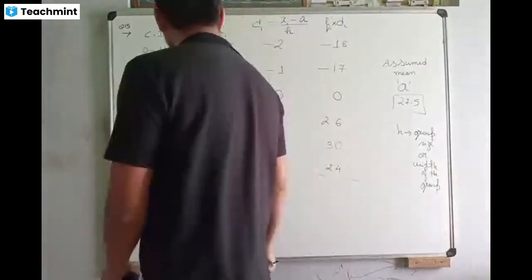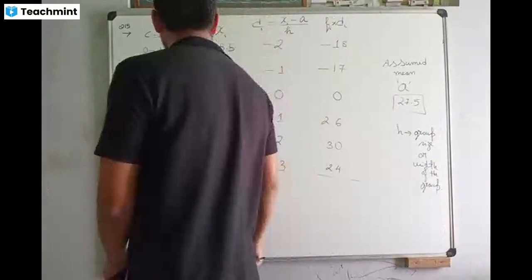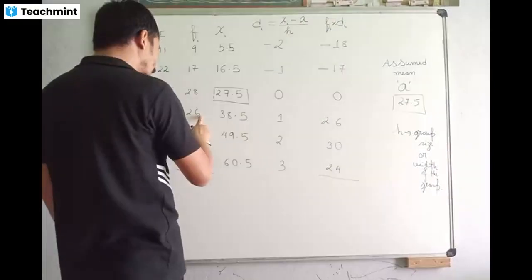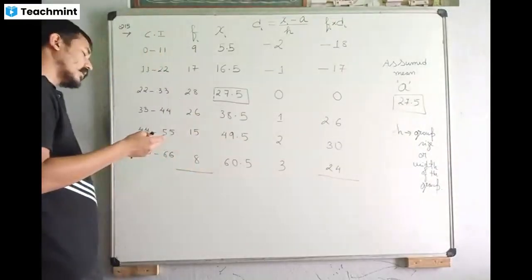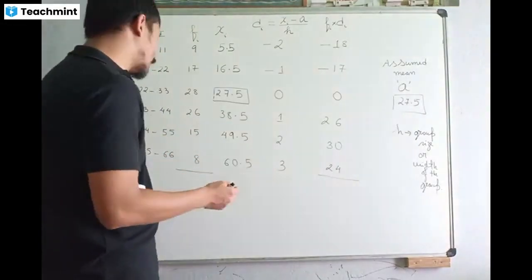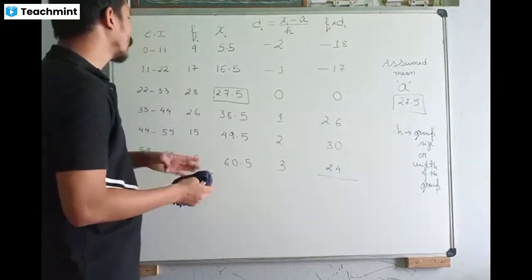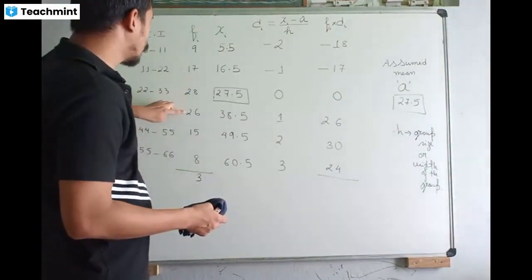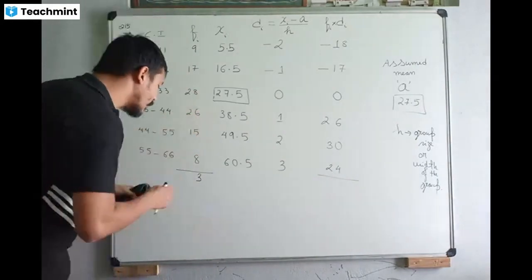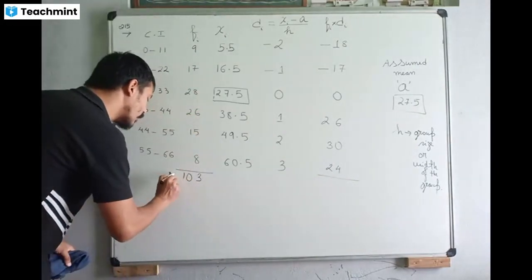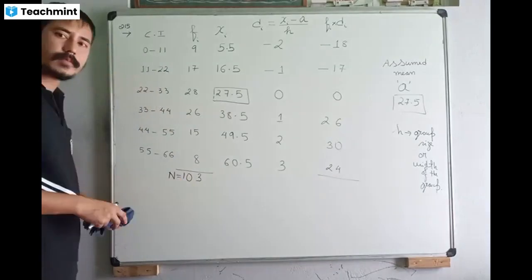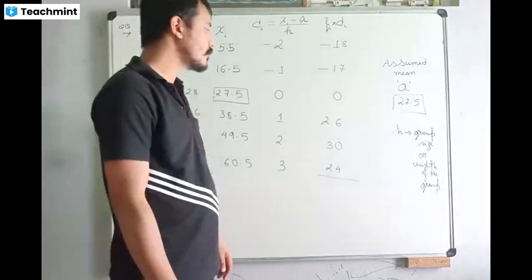Let's add them up: 16 plus 8, 24, 24 plus 6, 30, 30 plus 8, 38, 38 plus 5, 43, and so on, giving 103. That is your number of given items, the total frequency.